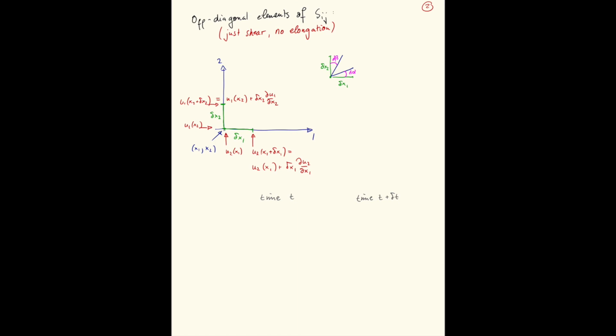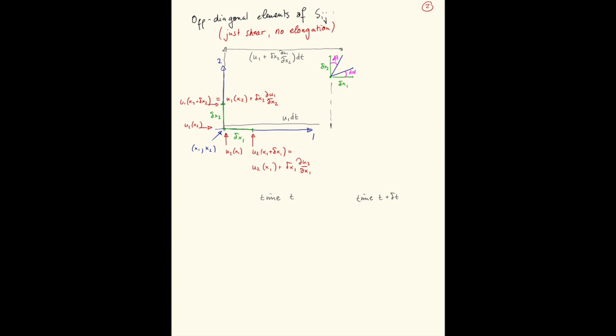And so the displacement from here to here is just u1 dt, whereas the displacement from this location to this location here is u1 plus delta x2 du1 dx2 times dt.